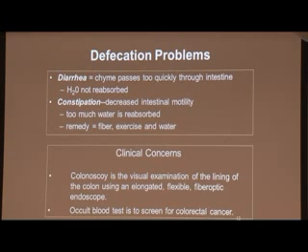Because the transit time is really quick, the absorption is limited, so you end up with really watery stools. The problem with that over the long term, if it's really bad, is it dehydrates you and you lose electrolytes. So you have to either use Pedialyte or something that we've talked about, or you have to have IVs because you can die from it.